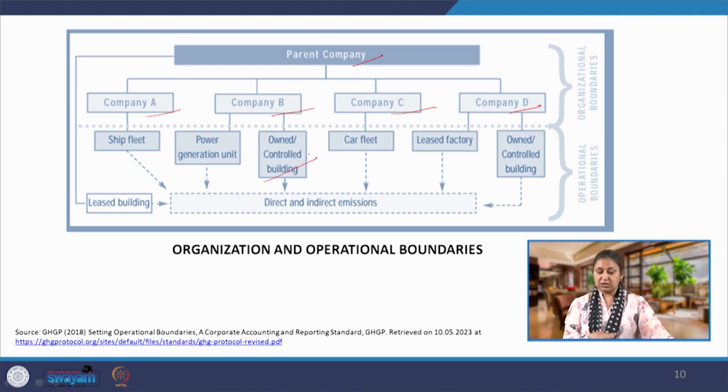That is what we have to see when we go into organization as well as operational boundaries, but everywhere the company is having control and is delivering the product or operating is all within the organizational boundary and the operating boundary. So, we cannot neglect or ignore any part which is directly affected by the company's decisions or is contributing to the company's growth out of either of the two boundaries. That is what we have to see.